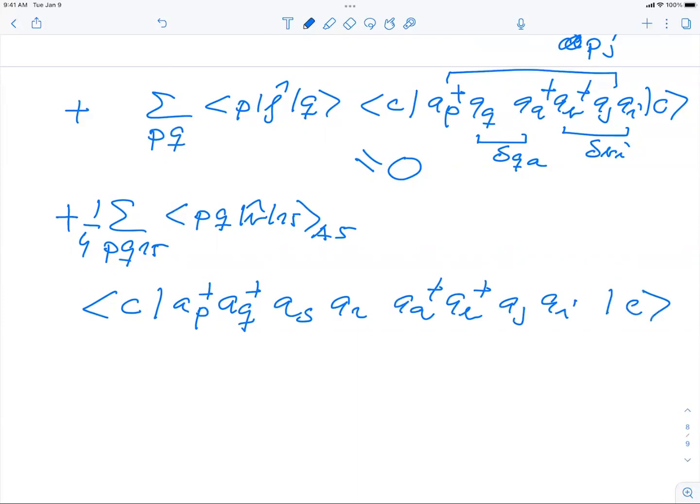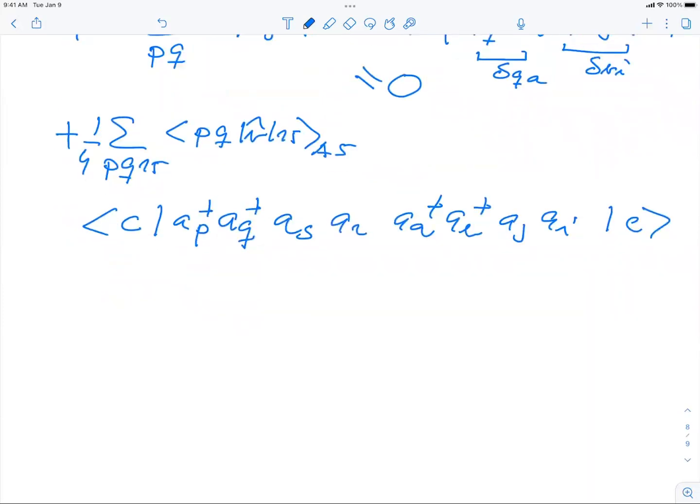So let's go carefully through this now, and let's just start picking terms. This contraction is non-zero. This contraction here is non-zero. Then I can have this contraction here, which is non-zero, and this is also non-zero.